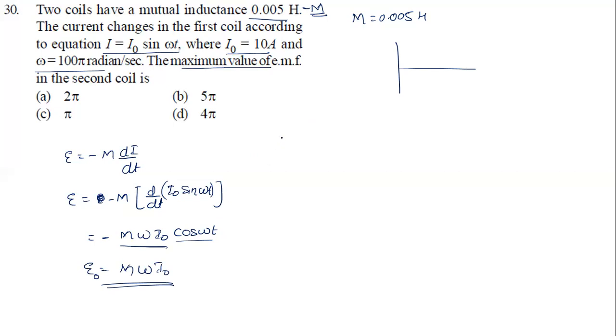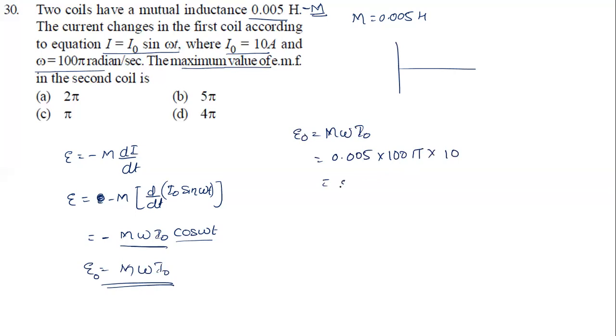So now if I take that value, E naught is equal to M omega I naught. M is given as 0.005, omega is given as 100 pi, and I naught is given as 10.